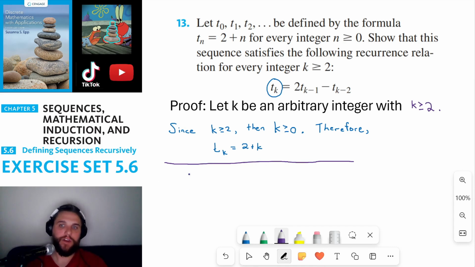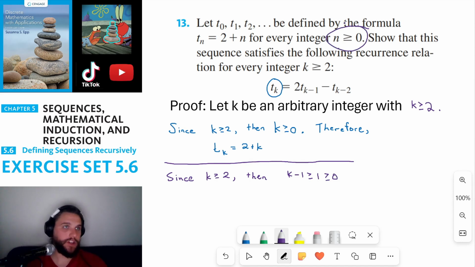Now let's handle the right-hand side. We'll evaluate the right-hand side using the same formula. But before we do that, we need to justify whether we can actually use this formula. Since k is greater than or equal to 2, we can subtract 1 on both sides to get k minus 1 is greater than or equal to 1, which is still greater than or equal to 0.